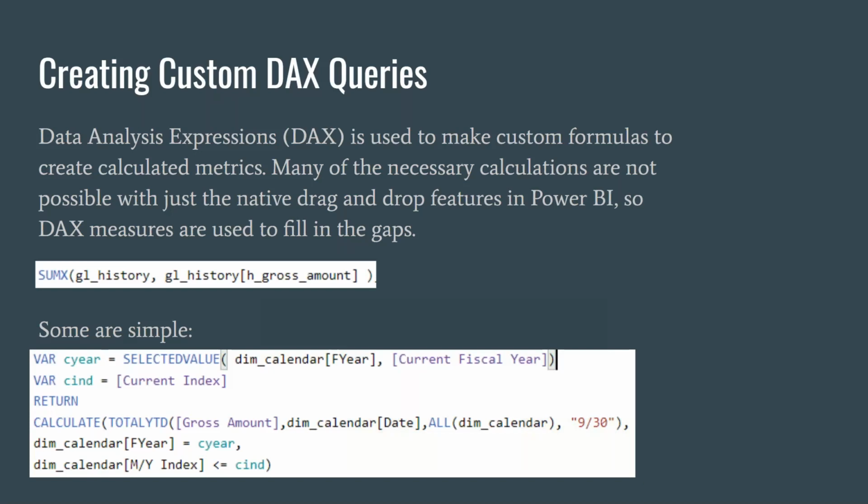So that would be a very simple expression that you could write, but some expressions get more and more complicated. Let's say you wanted to look at the total revenue year to date with a certain filter applied to it, and it compares itself to the previous year.